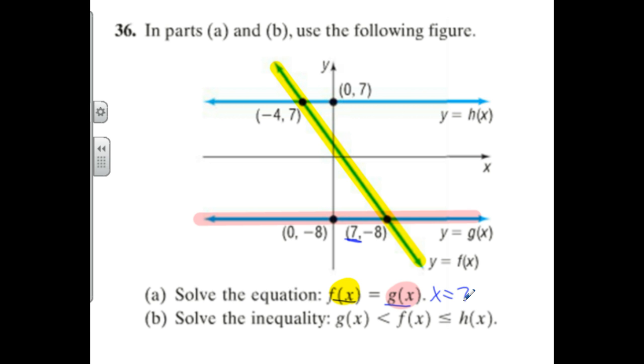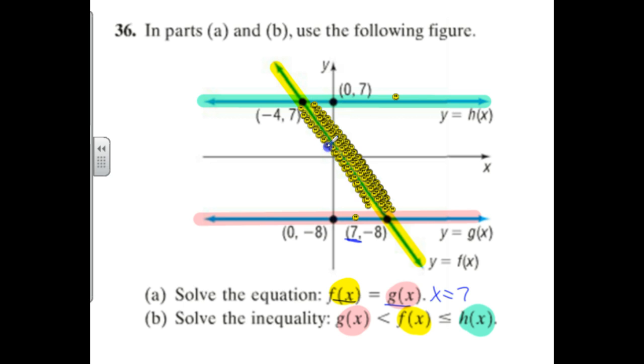And the last one is the h. When is the green function above the yellow, which is above the pink? Green is above the yellow here, which is above the pink, only in this area where it's the happy faces.